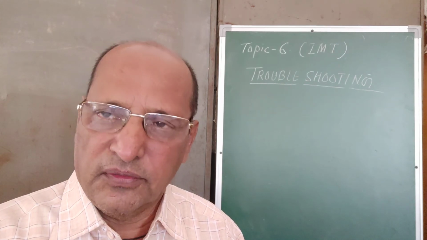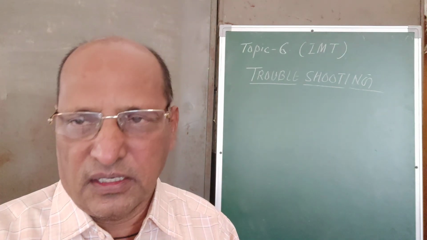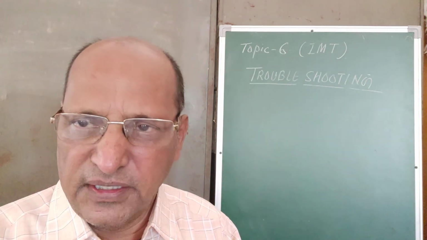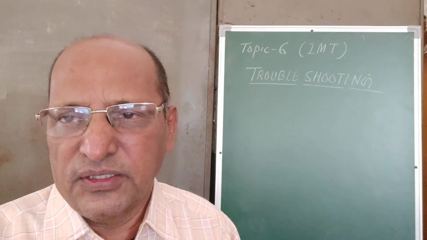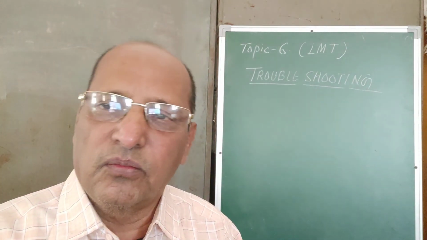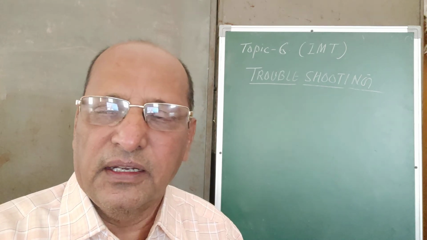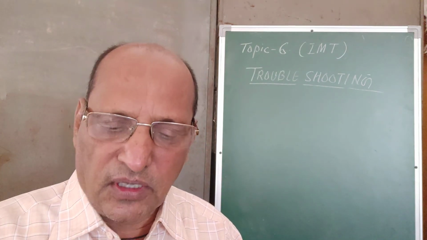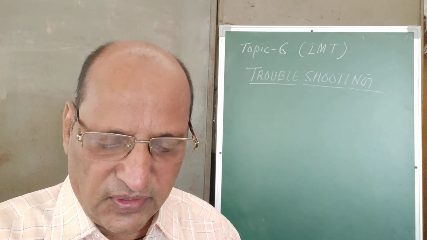When you list out all these types of faults, external or internal, then you write the remedies for them, and for the remedies, you find out the list of accessories or spare parts required, and according to that you will solve the problem. So this is all for the topic number 7.